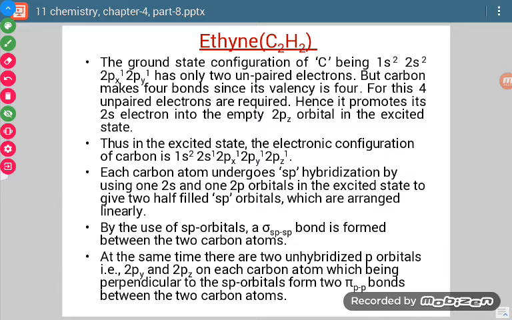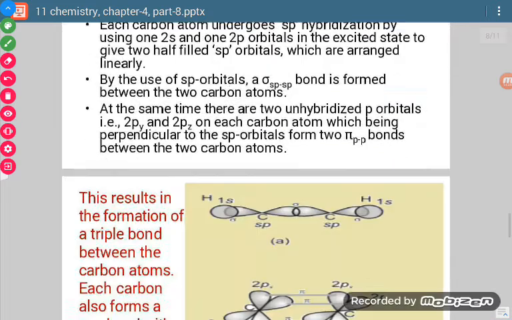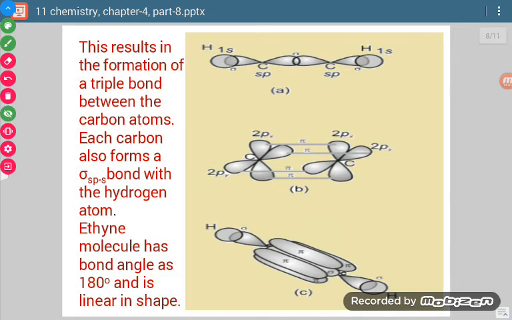Then there will be formation of two pi bonds, and in total there will be three sigma bonds: one sigma bond between both the carbons and two sigma bonds between carbon and hydrogen. This is how it goes, and you can see it here.